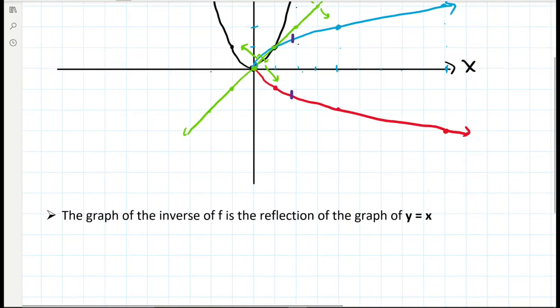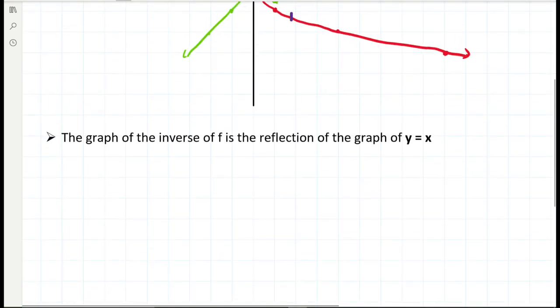So therefore, the graph of the inverse of f is the reflection of the graph of f over the line y equals x.